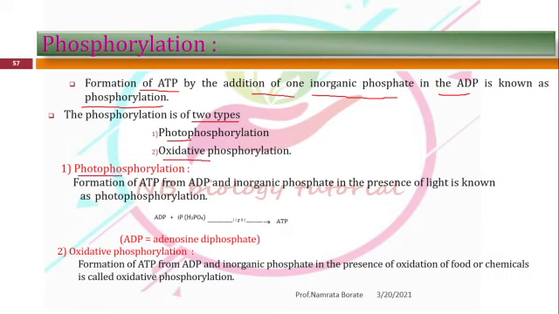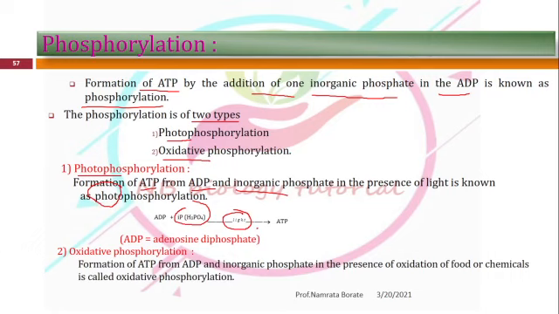So what is photophosphorylation? Means the formation of the ATP molecule from ADP and inorganic phosphate. So this one is an inorganic phosphate, this is ATP, but this process takes place in the presence of light. This is known as photophosphorylation, that is photo, which means light.